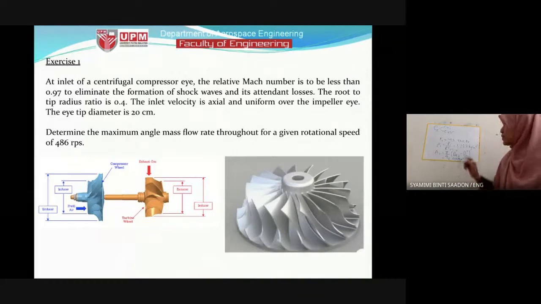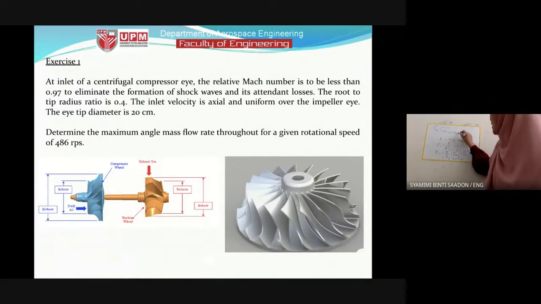So you can calculate directly the mass flow rate from rho 1, CA1 and the inlet A1. So we get 3.5 kilogram per second. Only quite small. The mass flow rate is 3.5 kilogram per second.